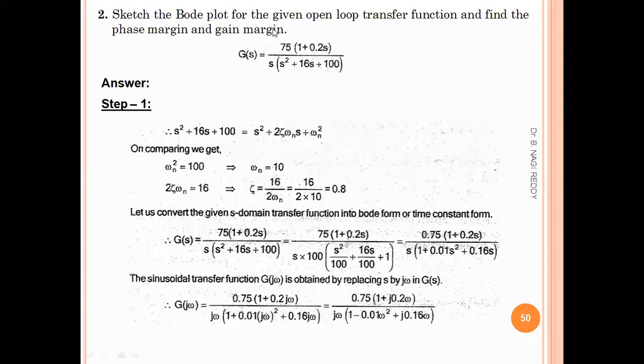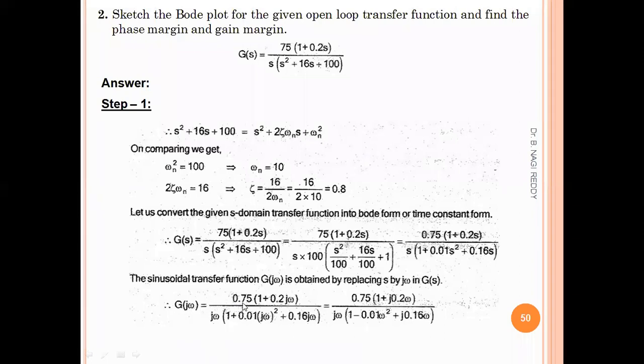Means we need to convert the S domain into the frequency domain. So how can we do it? Just simply substitute j omega in the place of s. Okay, so in the place of s, substitute j omega, then you will get the expression for j omega.